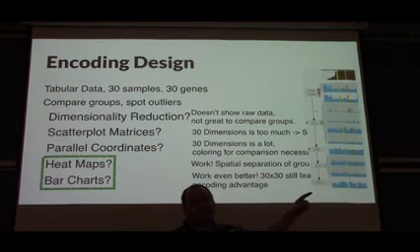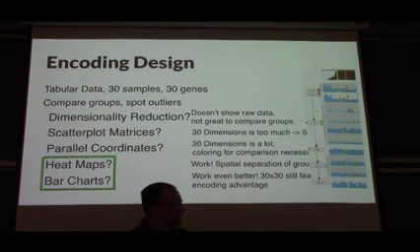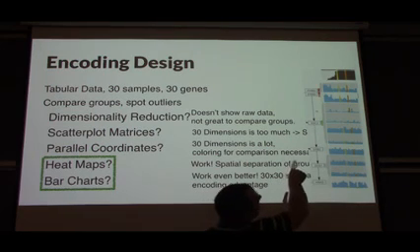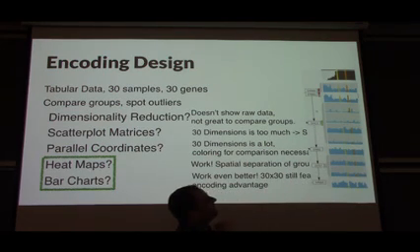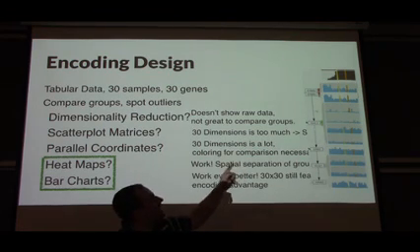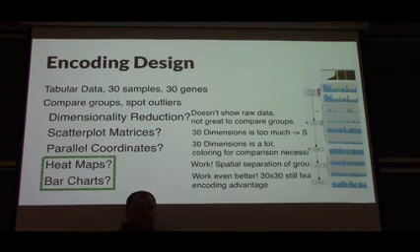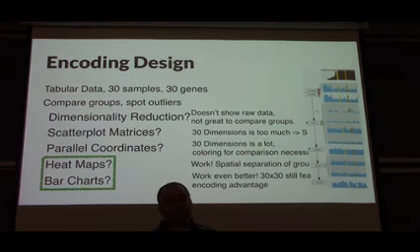We came up with a bar chart to show this gene expression. At the very top is whether these cell lines react to the drug or not. The high values show that they react to the drug. The low values show that they don't. So heat maps would have been a viable solution if I had 100 or 200 samples, but if I have only 30, then bar charts seem to be also a good approach.